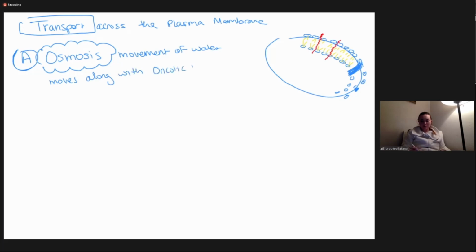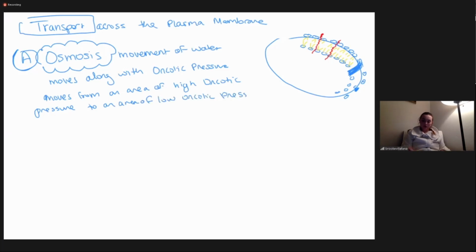It moves from an area of high oncotic pressure to an area of low oncotic pressure. Okay, so osmosis, movement of water, is moving along with the oncotic pressure from an area of high oncotic pressure to an area of low oncotic pressure.